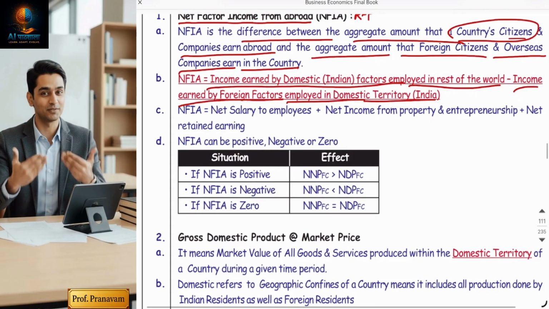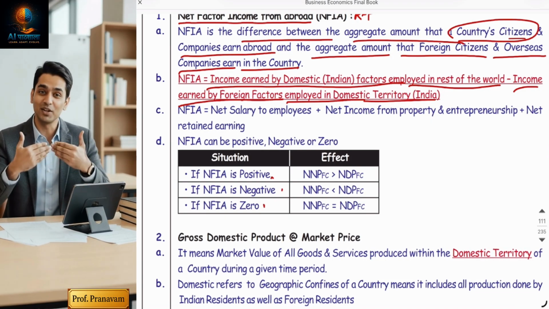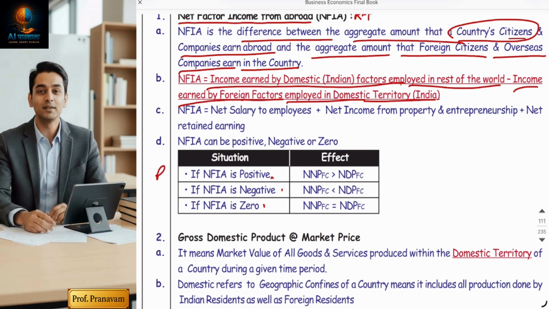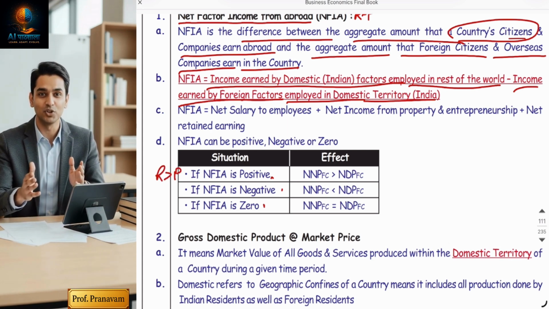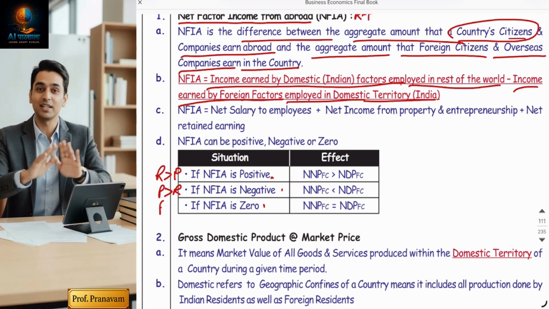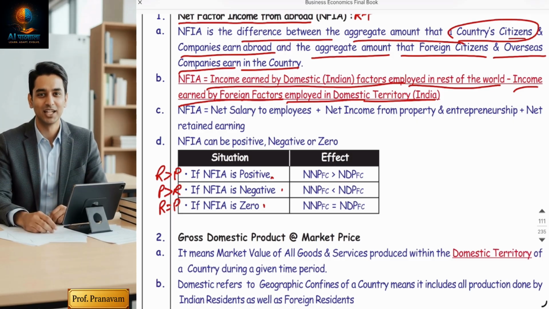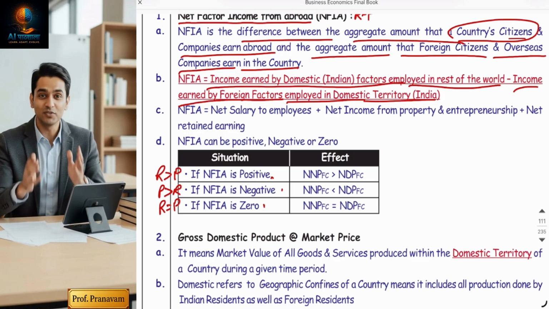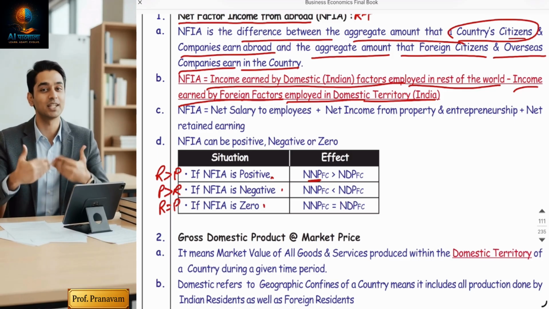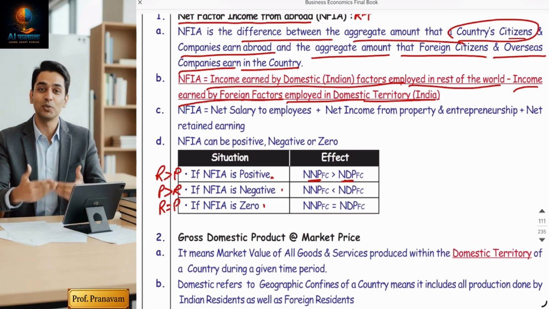So NFIA can be positive, negative, or zero. NFIA is positive when receipts are more than payments. NFIA is negative when payments are more than receipts. And NFIA is zero when receipts are equal to payments. So I can say NFIA is the difference between national income and domestic income, NNP at factor cost and NDP at factor cost.